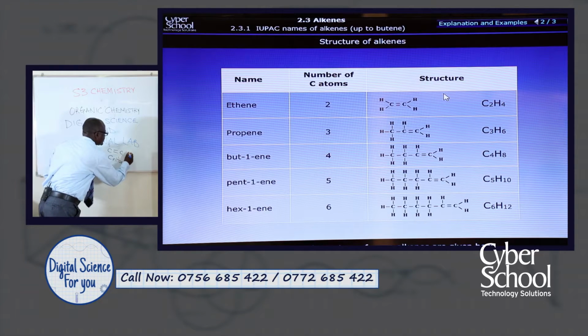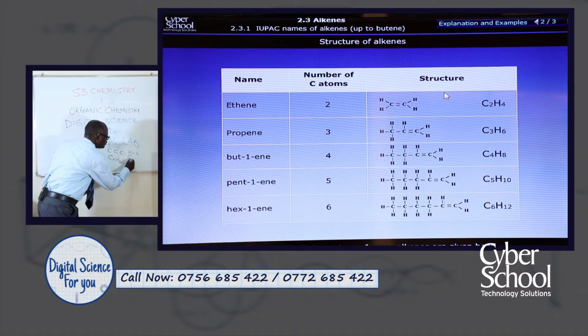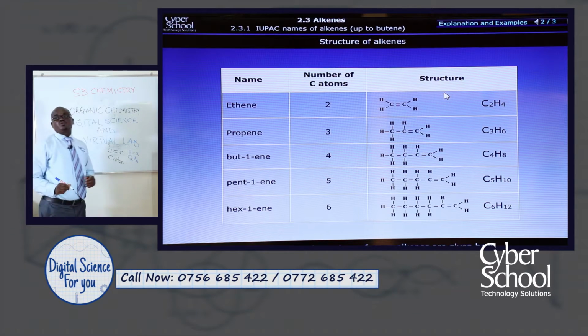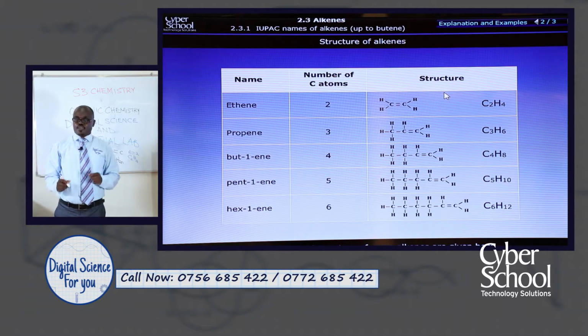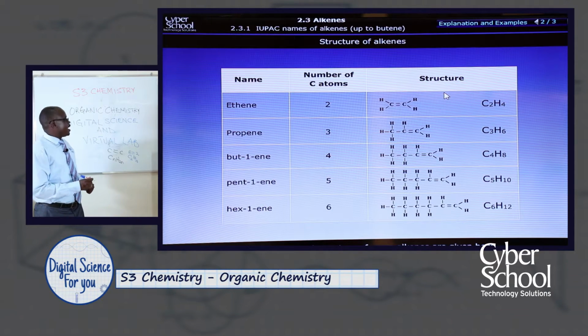So in this case, for ethene, n is equal to 2, and therefore we have C2, and then 2 times 2, which is 4. And that's why we get the molecular formula of ethene.